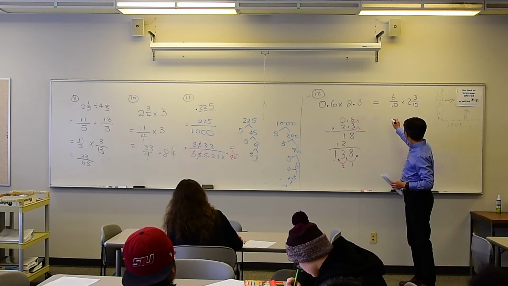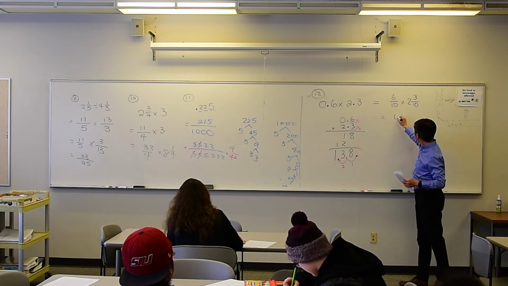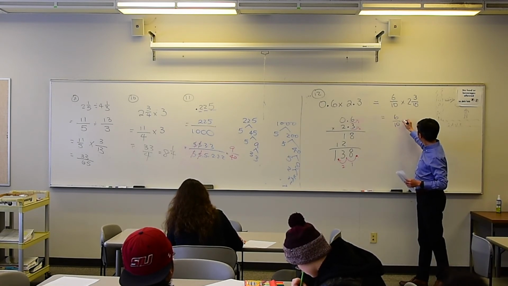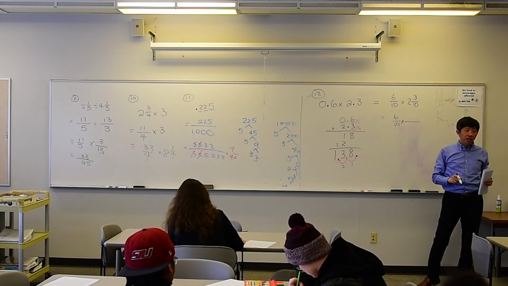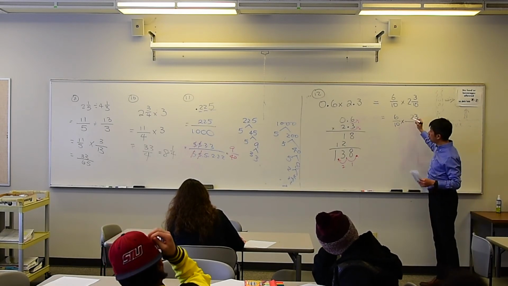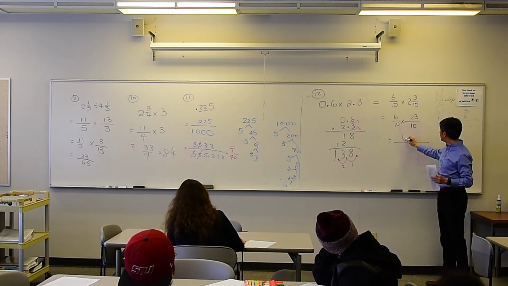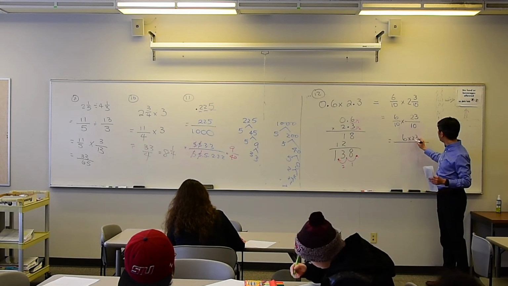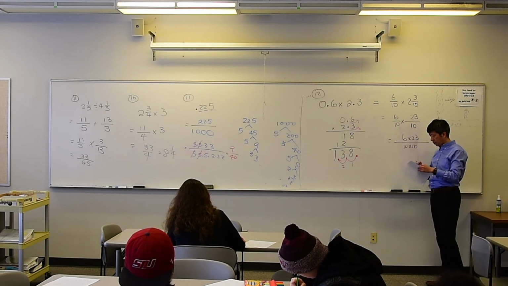Then they might know, we have to change this into a mixed number, change it into an improper fraction. 2 times 10 plus 3, so therefore we got 23 for this, and this is a 10, right? And therefore, 6 times 23 over 10 times 10.